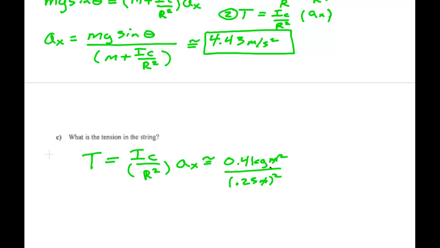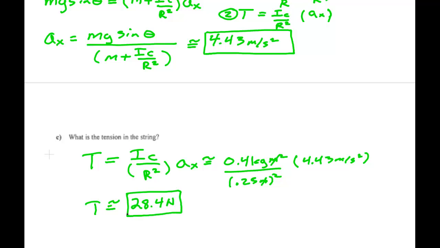That killed those units, and then we multiplied that by 4.43 meters per second squared. And when I did all of that, I came up with 28.4 newtons. If you use the other equation, equation number 1, you better get the same answer. If you don't, then that's an indication you made an algebra mistake.